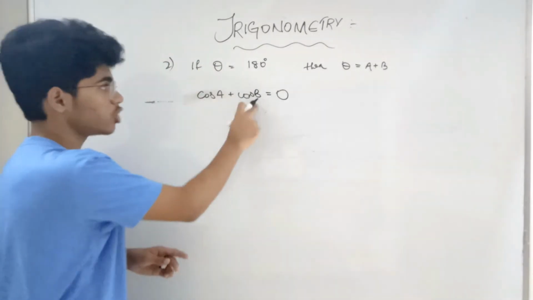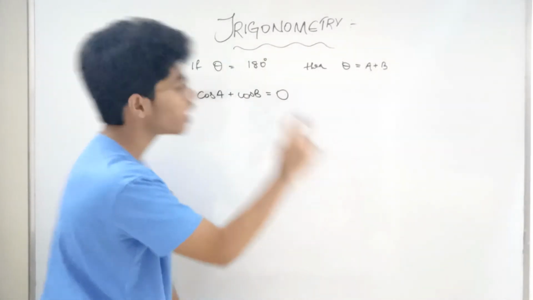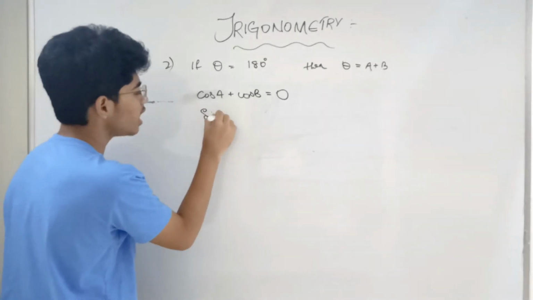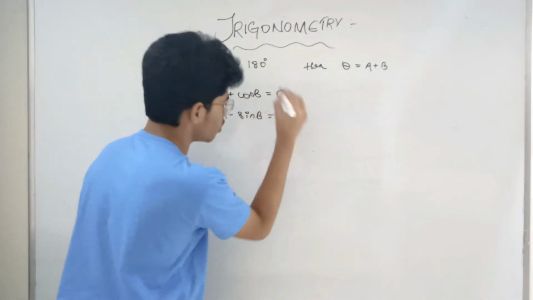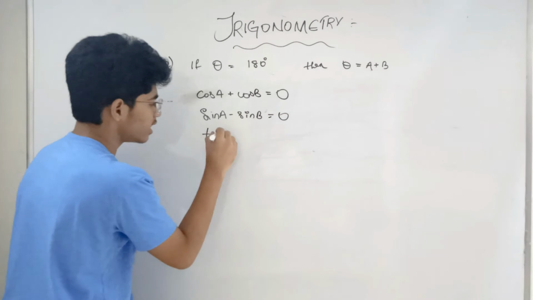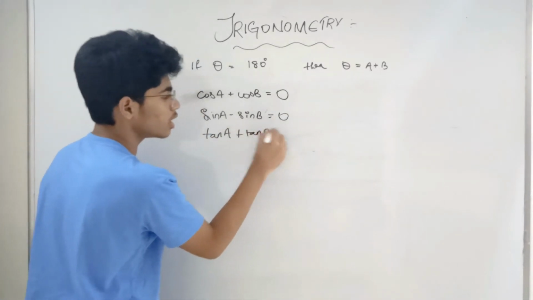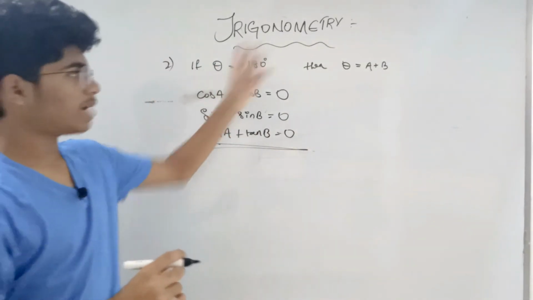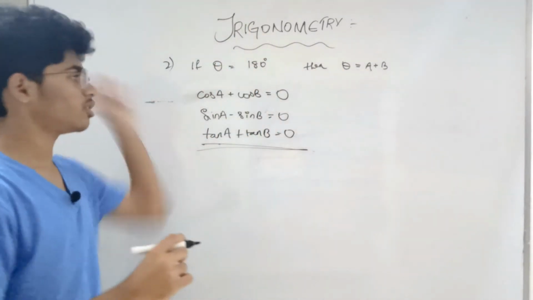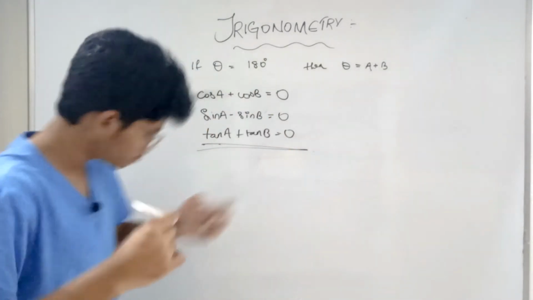So a plus b should be 180 degrees to make sure that cos a plus cos b equals 0, and sine a minus sine b is also equal to 0, and tan a plus tan b equals 0.